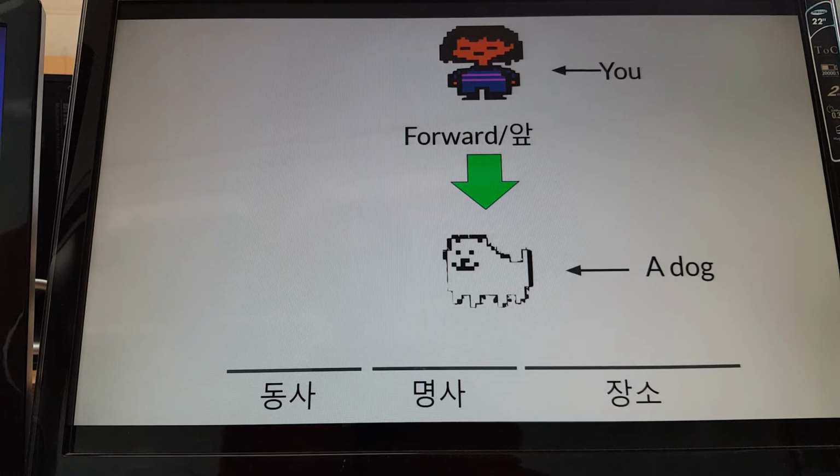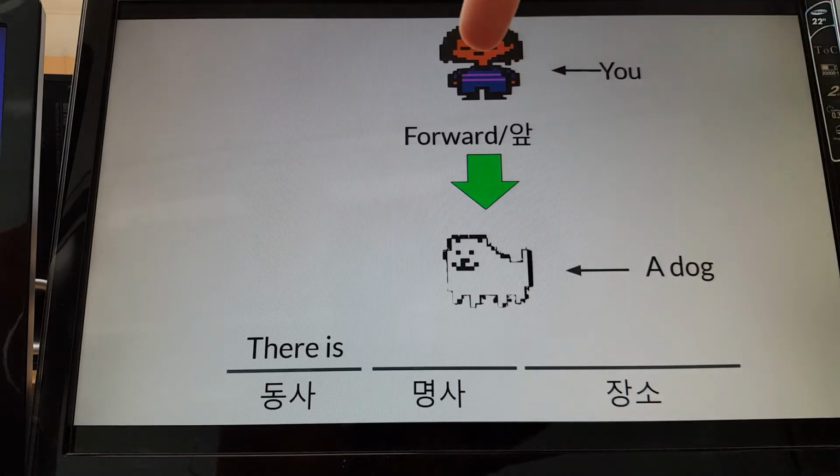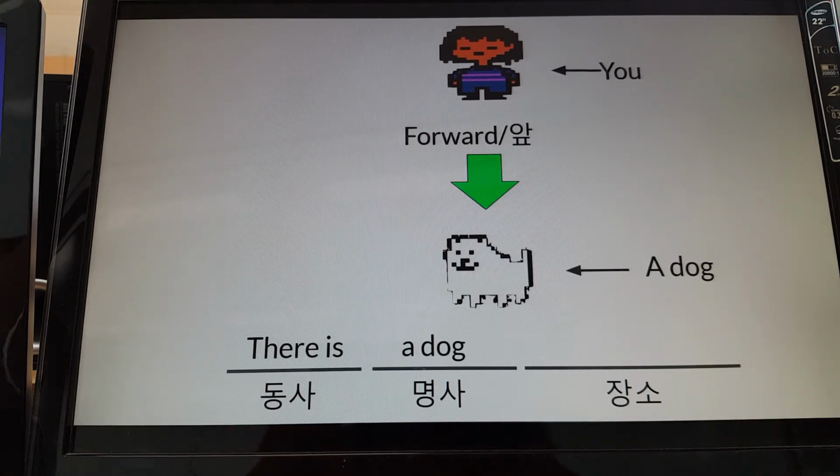So our verb, 정사, is there is. 있다. Our noun is right here. A dog. And what is our place? Good. In front of you.